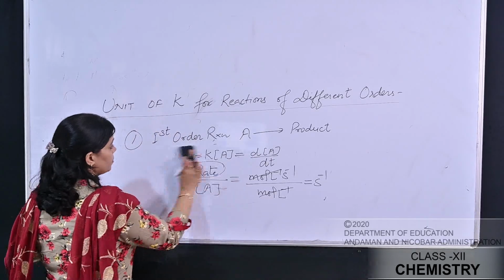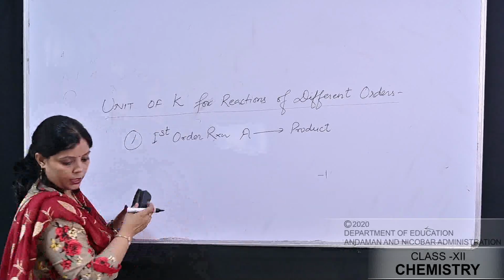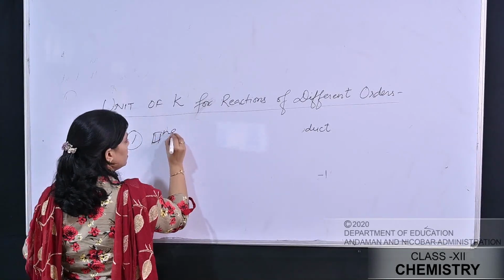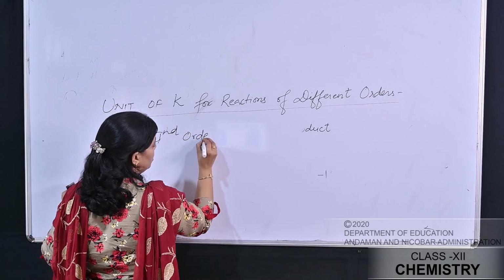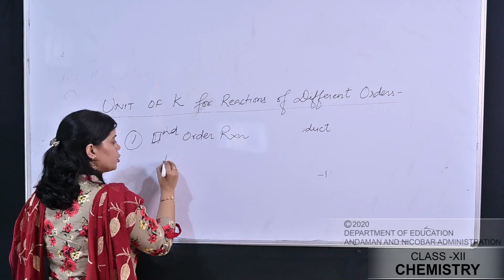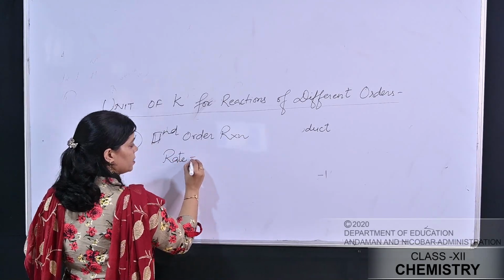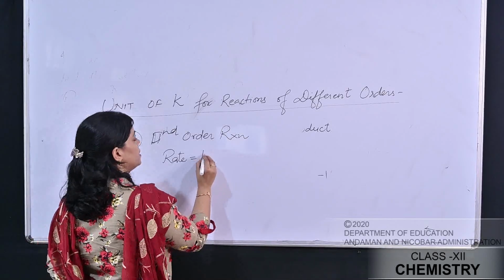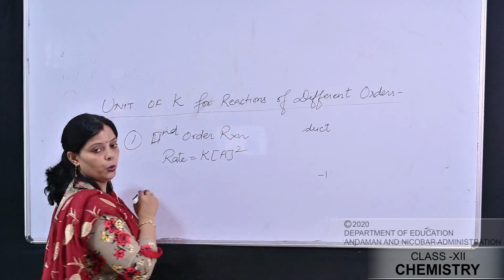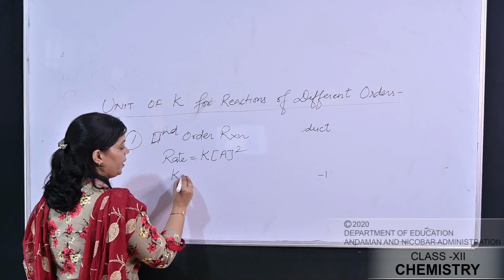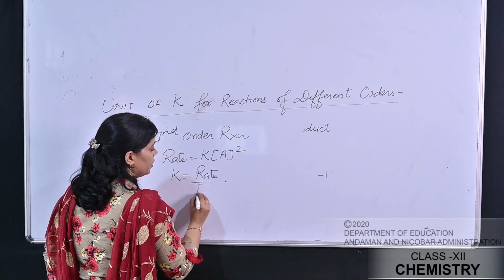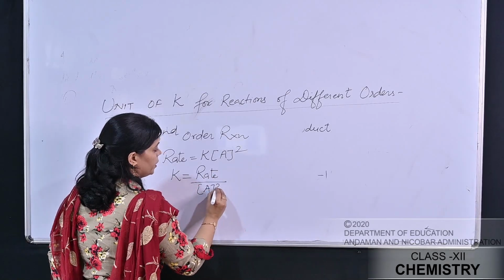After that, for the second order reaction, it means it follows second order kinetics. So the rate equation can be written as rate is equal to K concentration of A raised to power 2. Then what is the unit of rate constant? It is equal to the unit of rate divided by the unit of concentration raised to power 2.